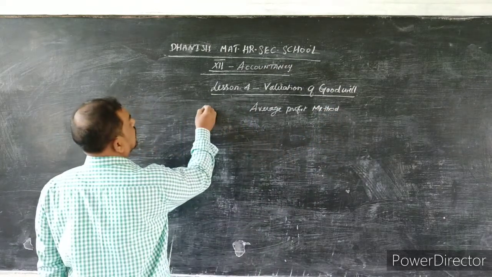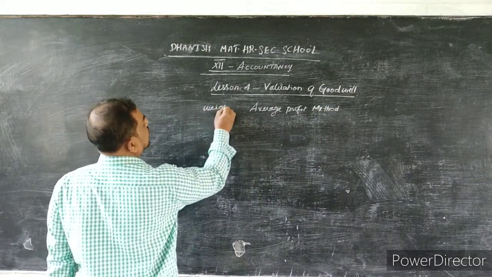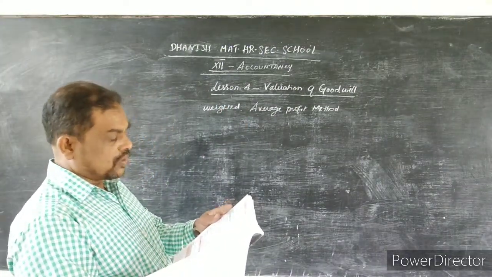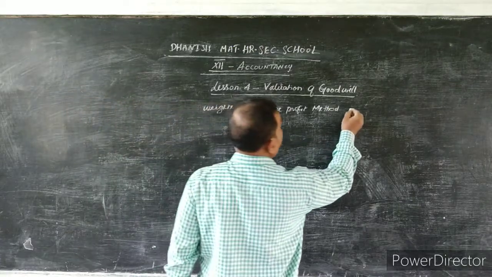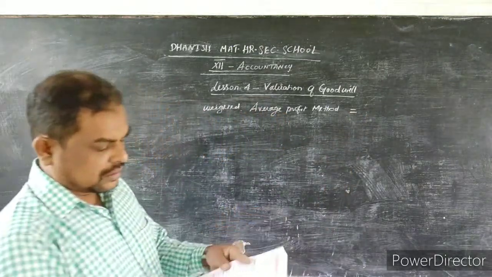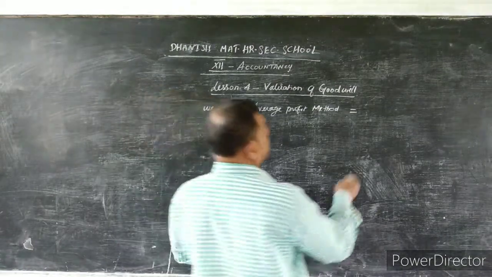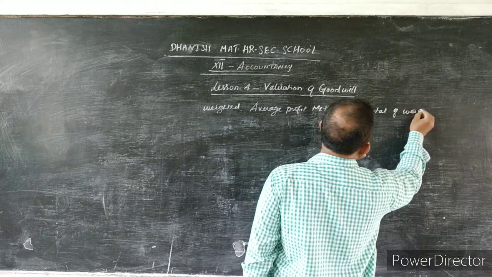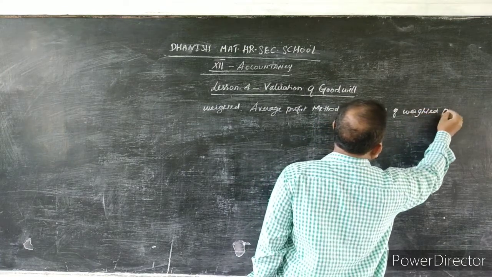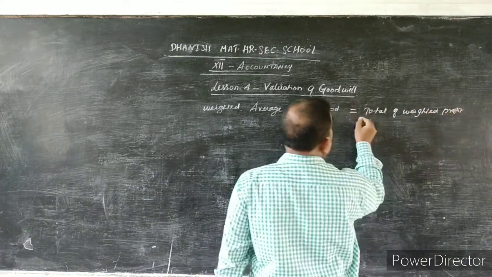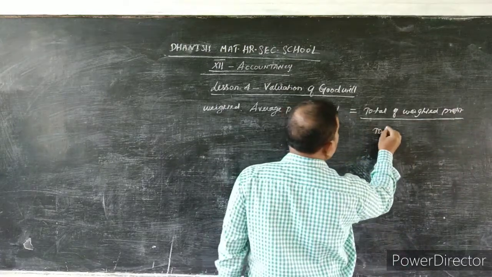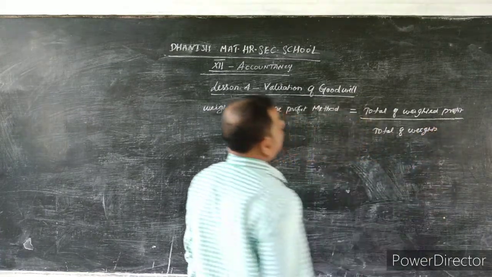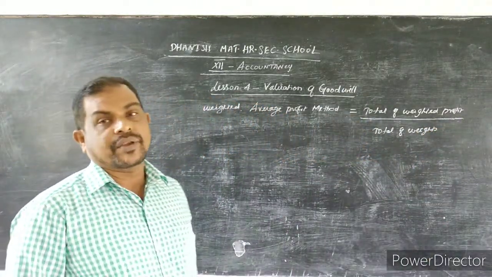The other method is called the weighted average profit method. For this, the formula is total of weighted profit divided by total of weights.